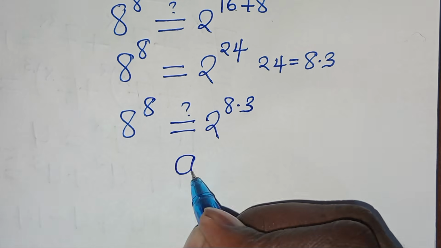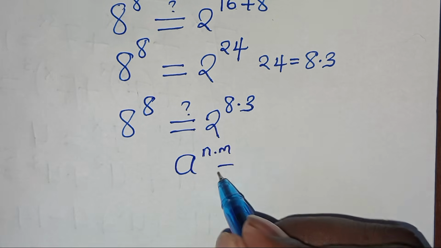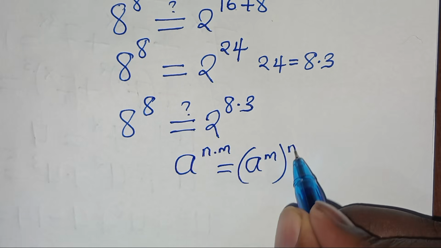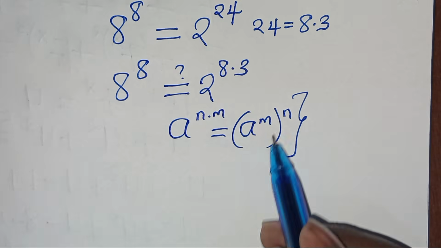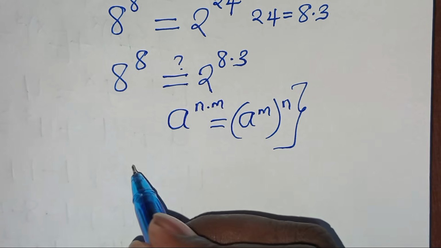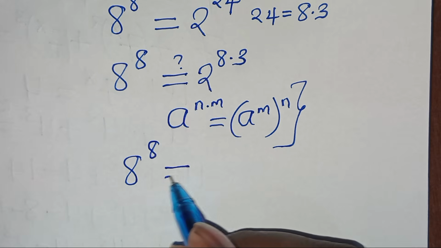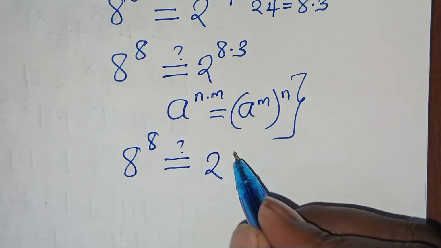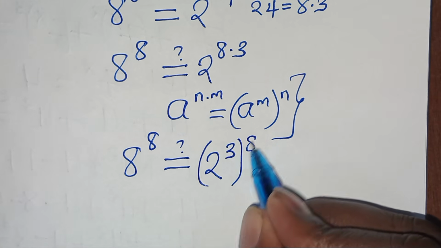This is of the form a to the power of n times m, which we can express as a to the power of m raised to the power of n. Applying this exponent property, we have 8 raised to the power of 8 equal to 2 raised to the power of 3, then raised to the power of 8.